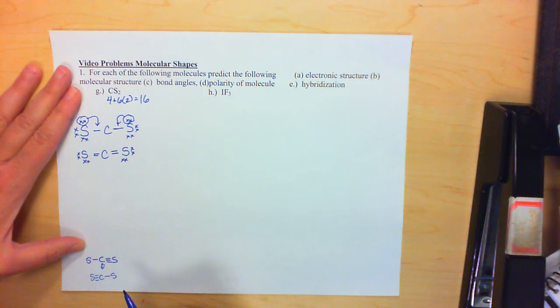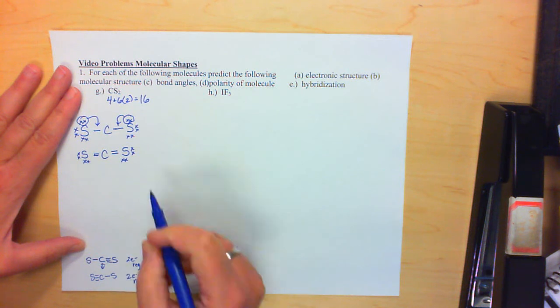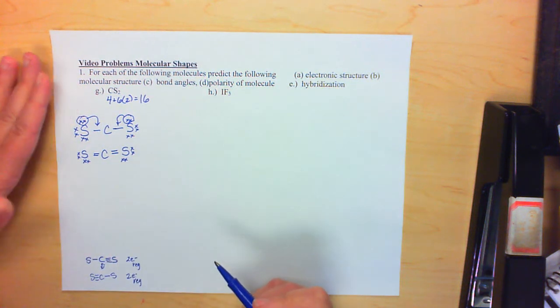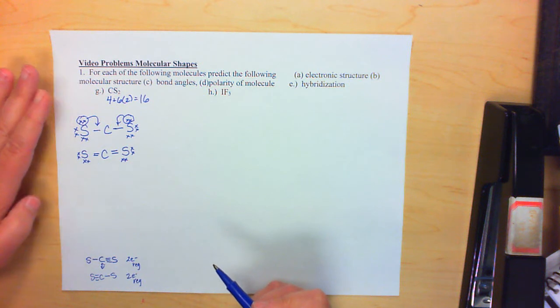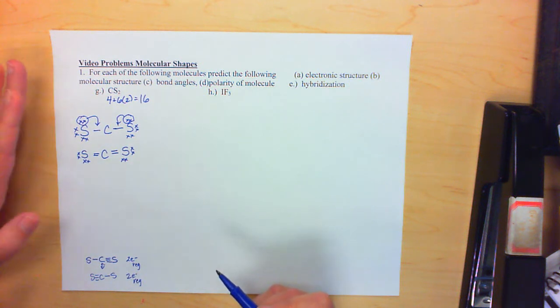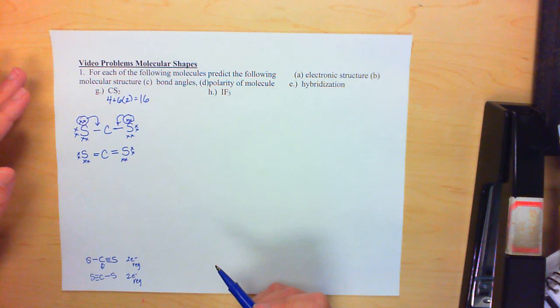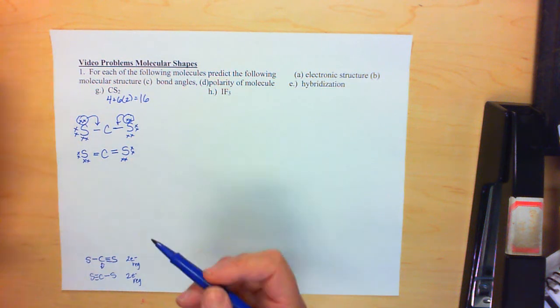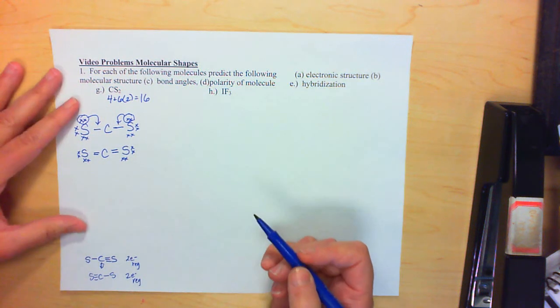They only vary by the position of the double bonds. So therefore we have 2 electron regions here for shape. We have 2 electron regions here for shape, and lo and behold, we have 2 electron regions here for shape. So when you're doing molecular shapes, unless you're asked for the resonance, you don't have to worry about them. Just pick one of them. It's not going to make a difference.